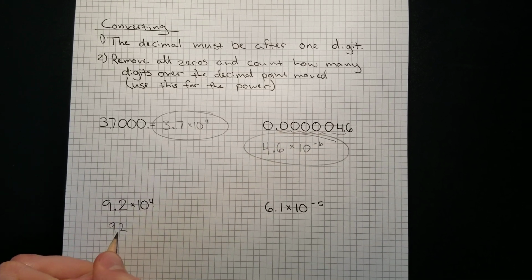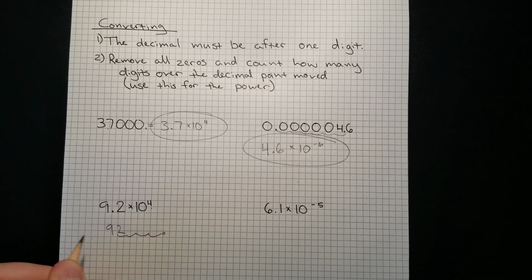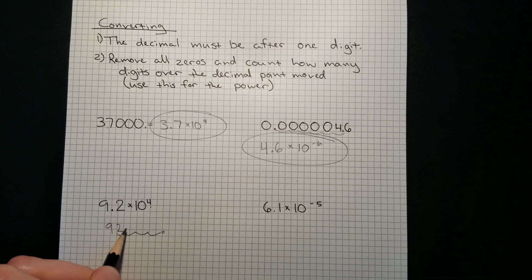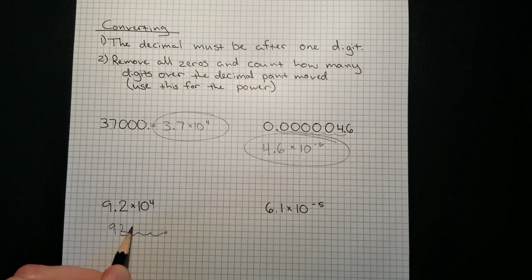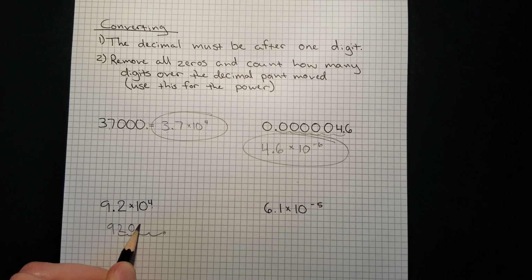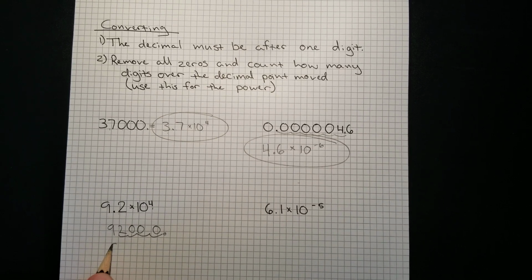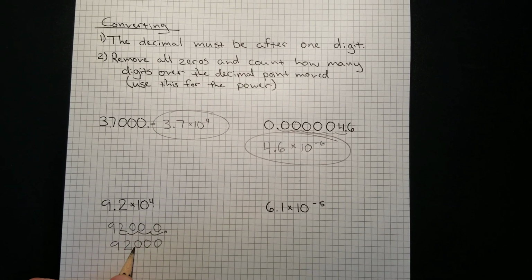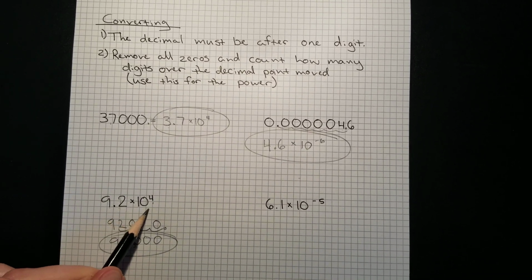So if I have to move the decimal 4 times, I go 1, 2, 3, 4. The decimal is going to go right there. And remember, it's a big number, so we want to move it forward. Since we have some blank spaces here, we have to fill them up, and of course, we just fill them up with zeros. So there's 1, 2, 3 spaces left. I'll rewrite that so it looks nicer: 92,000 would be the same as 9.2 times 10 to the fourth.